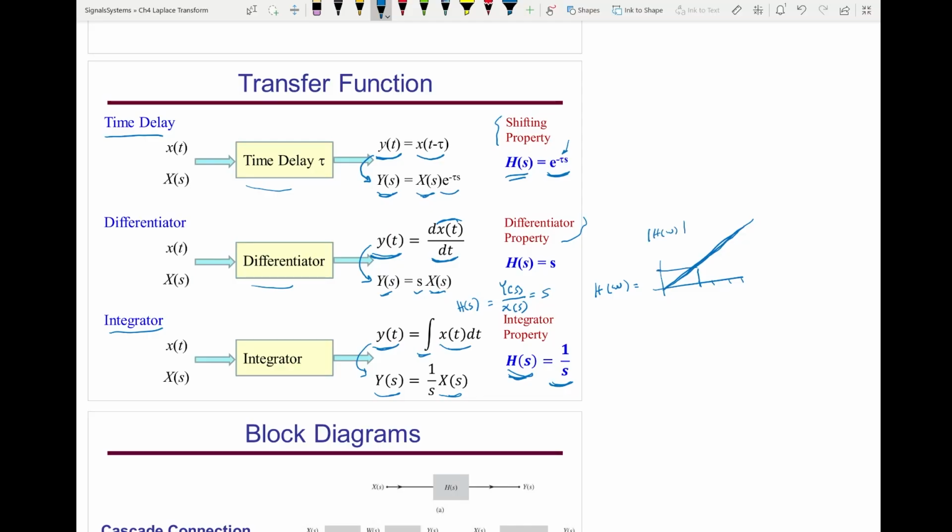So we're going to avoid using a differentiator in building a system, and we will be using an integrator, because the integrator, if I plot this, looks like this. H of omega, the magnitude for an integrator looks like this. If you replace s by j omega, and the magnitude, you take the j out. So it will be 1 over omega. Here it will be omega. So in this, we're going to be using the integrator in system realization.